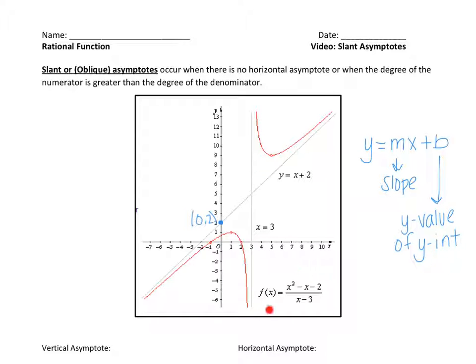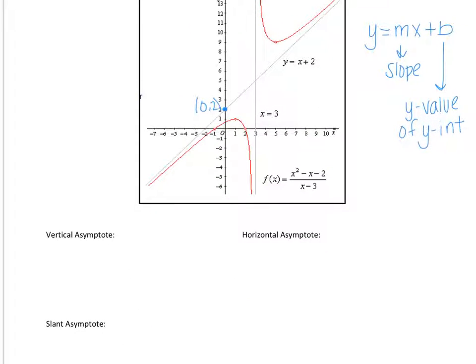And this is the rational function here that graphs this piece and this piece. So let's talk about how to find these things from the equation. Let's just prove what we just found. To find a vertical asymptote, we take the equation and set the denominator equal to 0. So x minus 3 equals 0, and we solve.